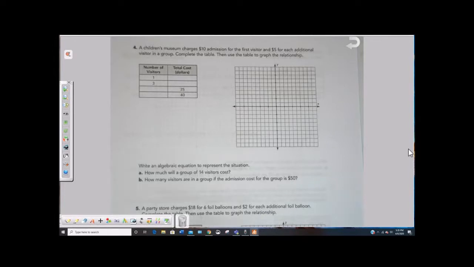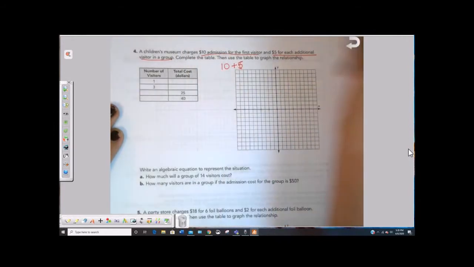So, number 4. It says a children's museum charges $10 admission for the first visitor and then $5 for each additional visitor in the group. So first things first, I'm going to write my equation. So I start with $10, add it on to $5 for each visitor.